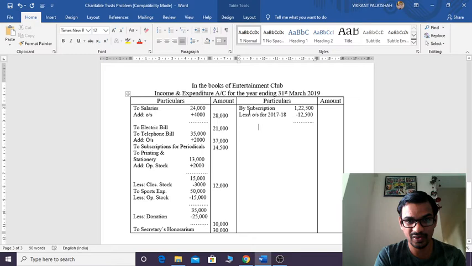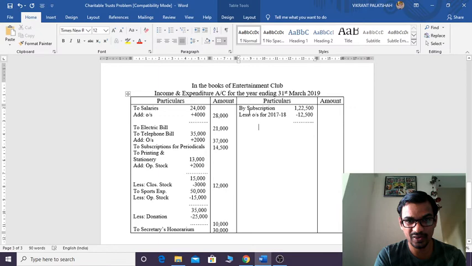Less outstanding for 2018-19. How much is that? It is rupees 12,500.